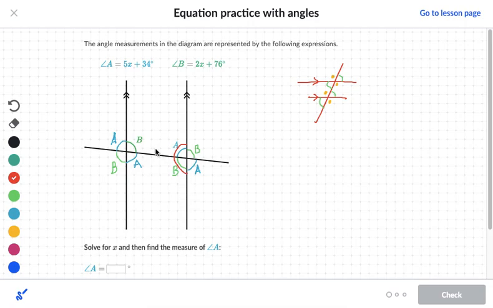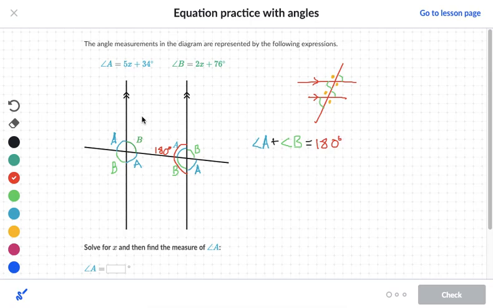So we know that A and B together is 180 degrees. That's the first thing we can say about this: angle A plus angle B is equal to 180 degrees.